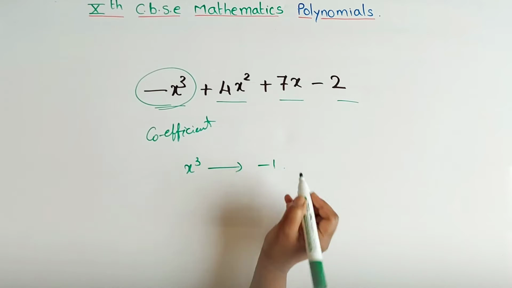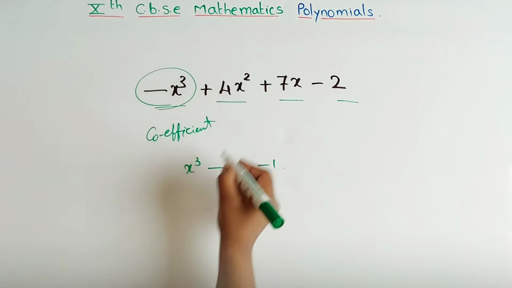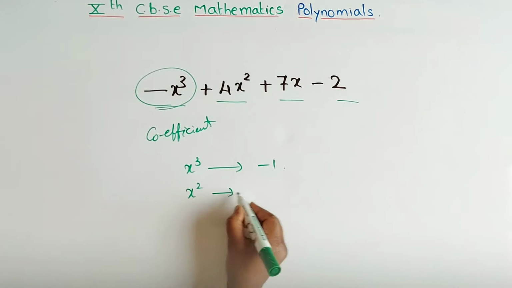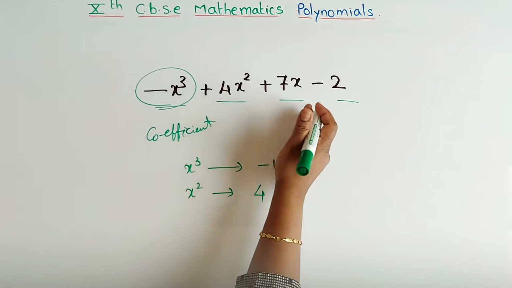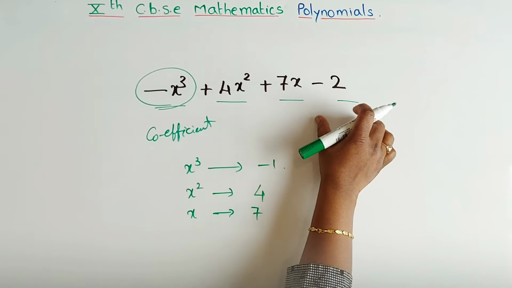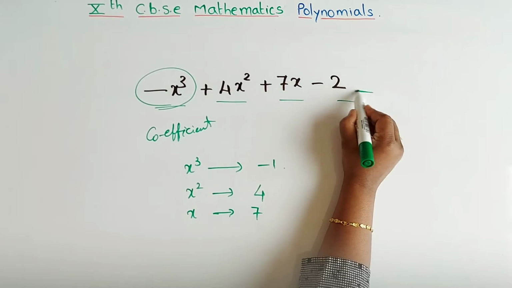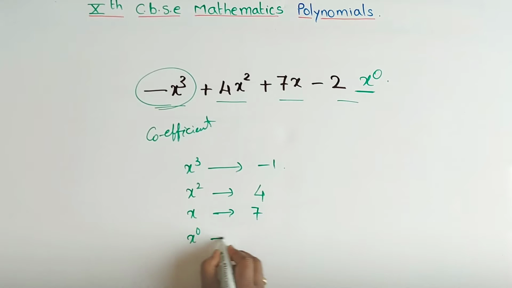That is minus 1. Now see the second term. Here 4x square is there. So x square coefficient is 4. Now see here 7x. X coefficient is 7. Here minus 2. Here there is no x term. That means x power 0. So x power 0 coefficient is minus 2, children.